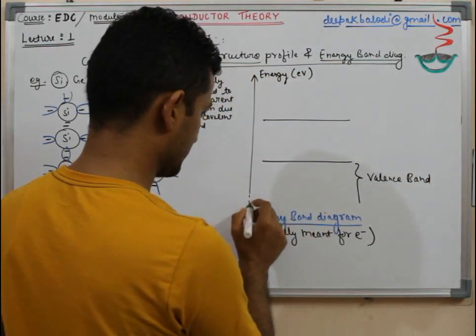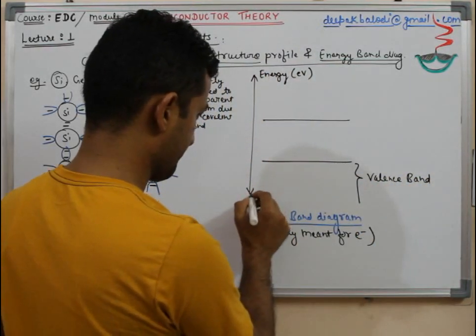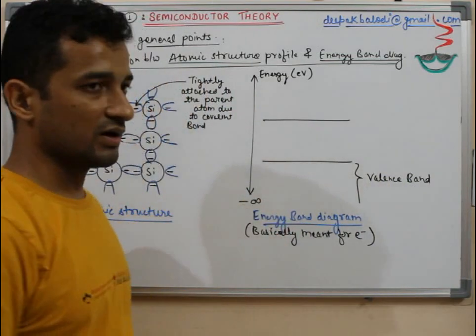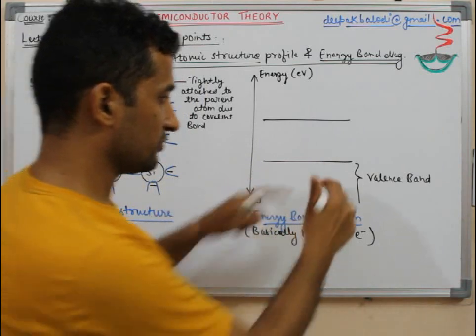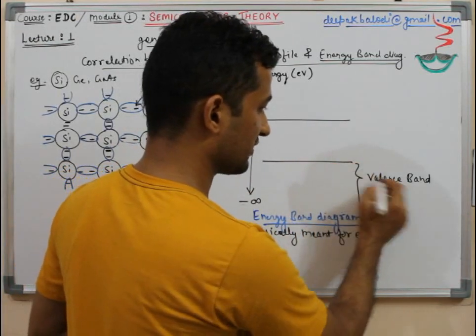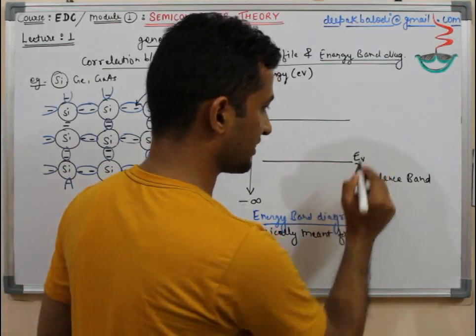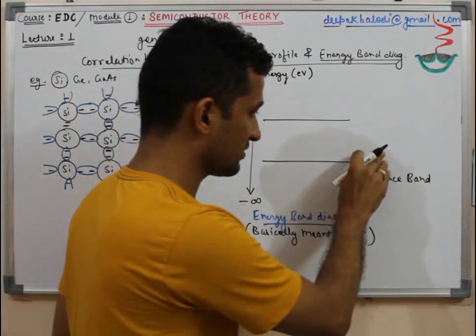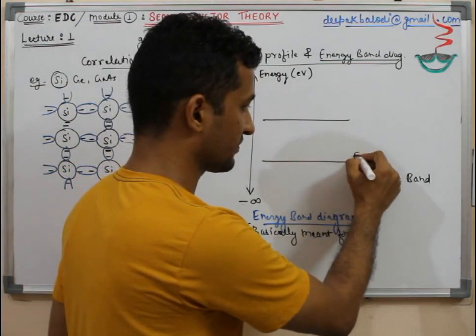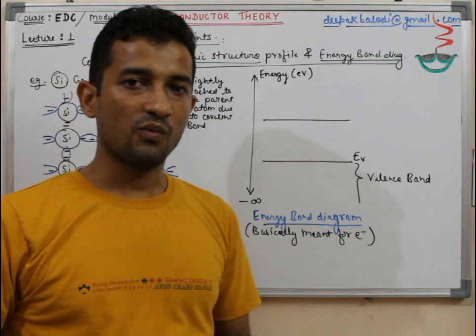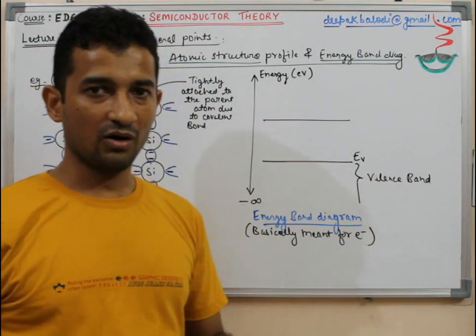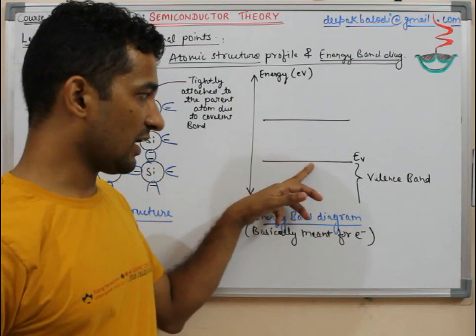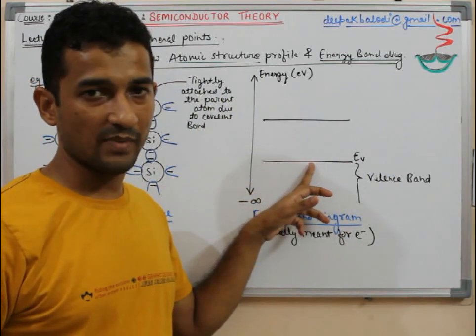And this goes up to minus infinity. So from minus infinity up to a value, the highest value in the valence band is indicated by EV, capital E, V. So EV is called the valence band edge, the highest energy level in the valence band.